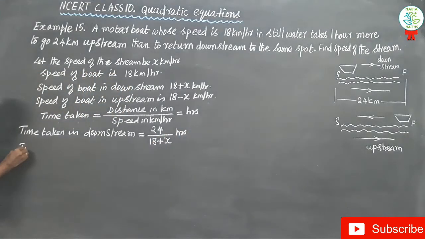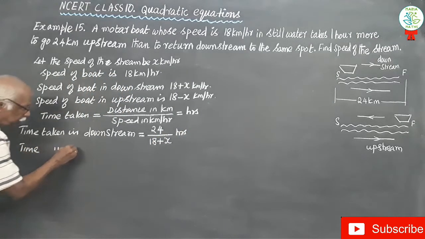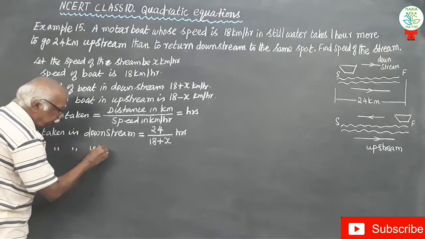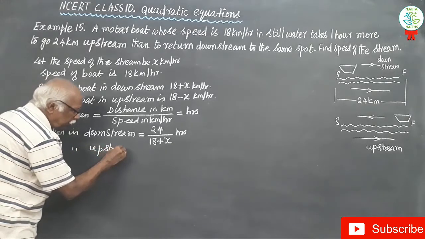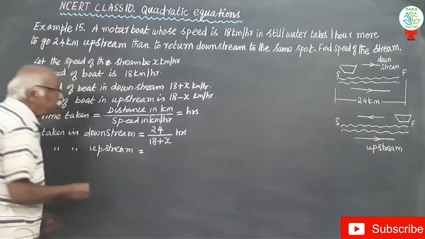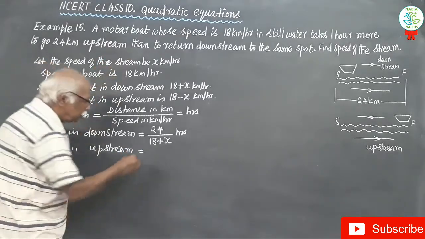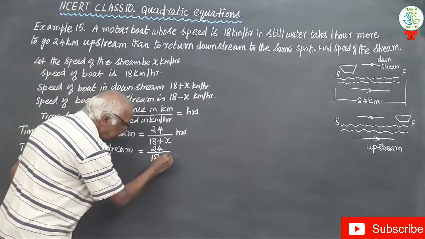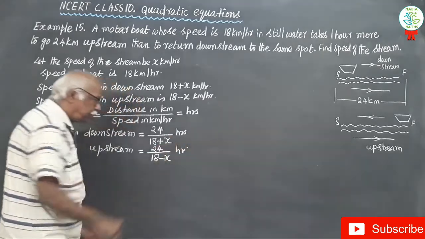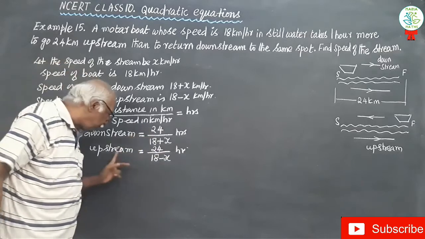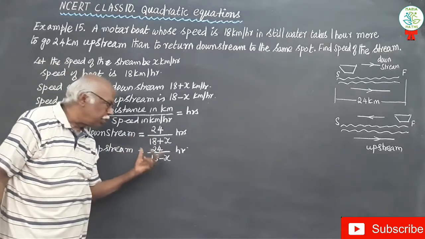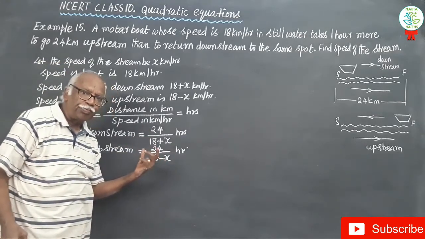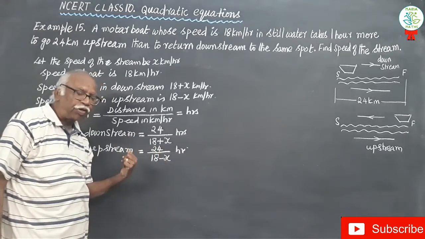Now time taken in upstream, both are the same distance, 24 divided by 18 minus x hours. The time taken during upstream is more because the boat goes against the flow of water.